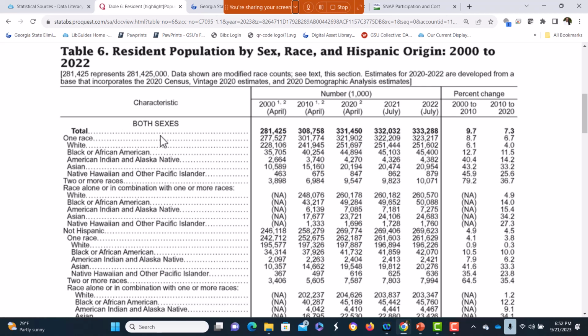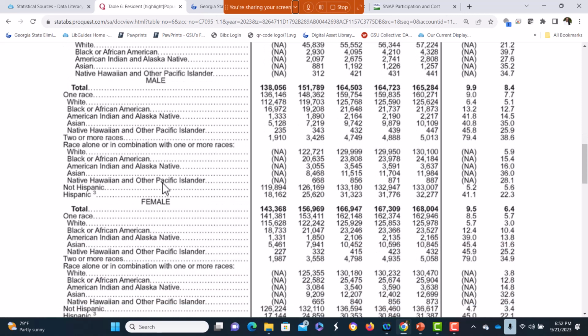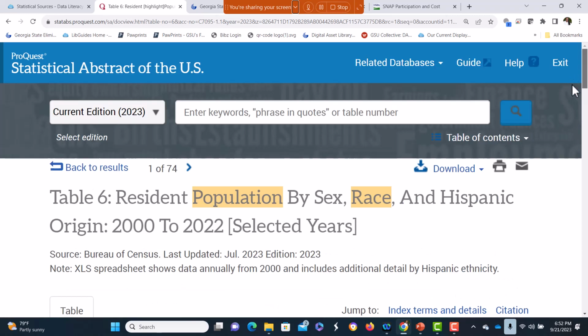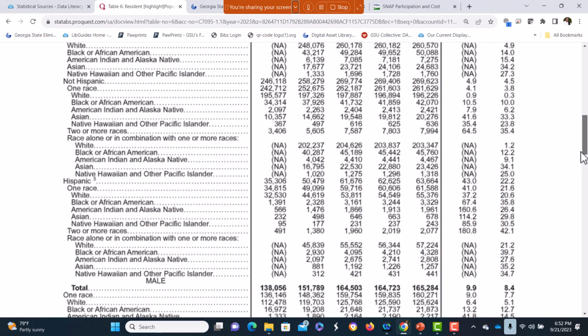So for both sexes, we have that number here, but if you go down, it's the female population by race, and for females, black, the number's given, we need to multiply it by 100,000.